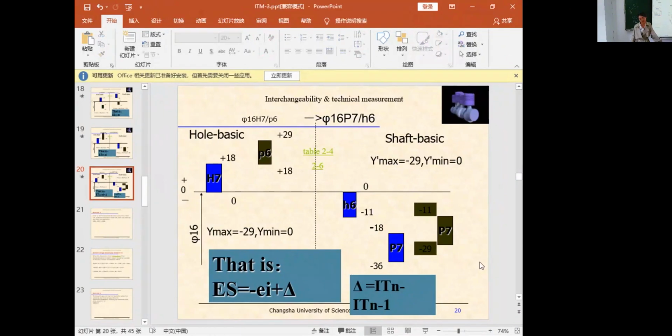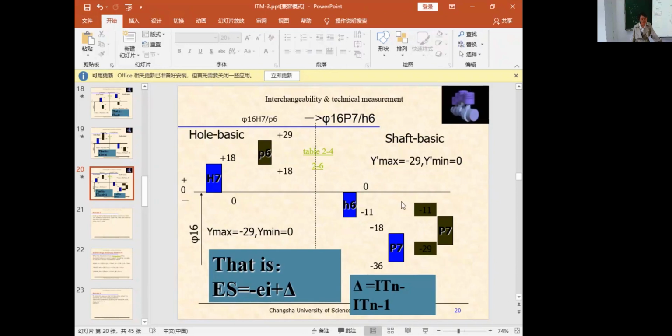The maximum is 36, right? The minimum is 29, minimum interference. Oh, sorry, it's 7. Minus 7. The minimum interference is 7, right?